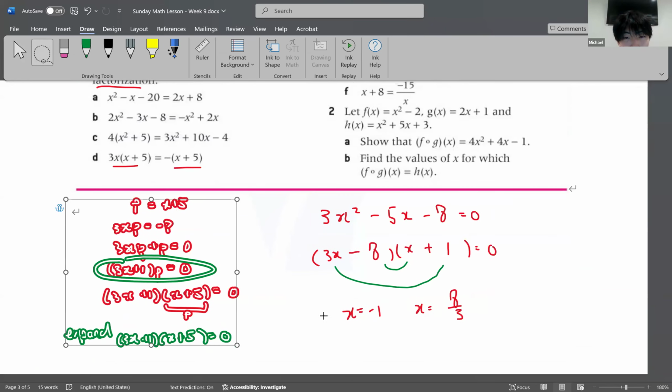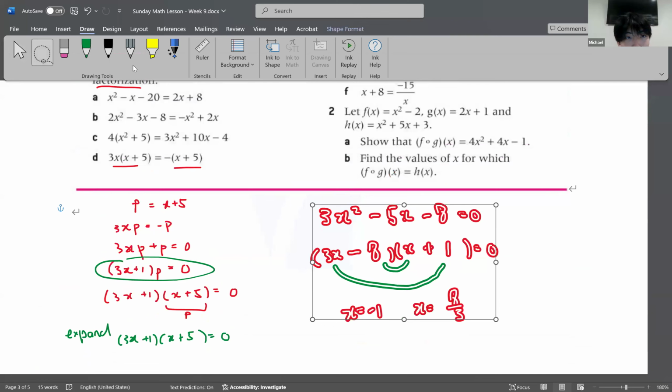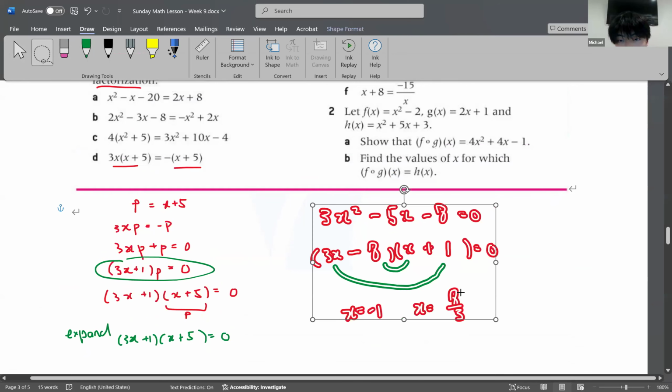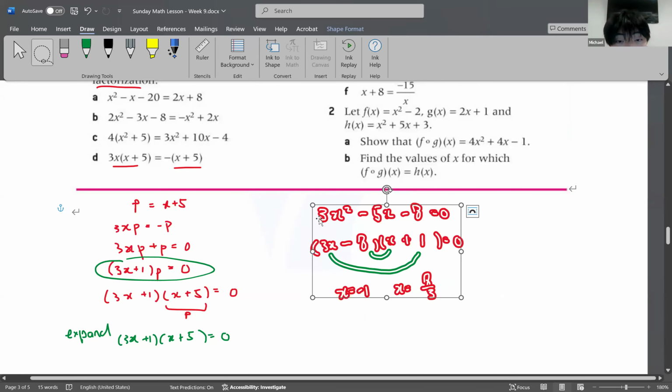Hannah, in the meantime, you can try double checking your answer. You can substitute x in or just simply expand to check if you got the correct expansion, okay? If you're already sure with everything, have a look at question 2, okay?